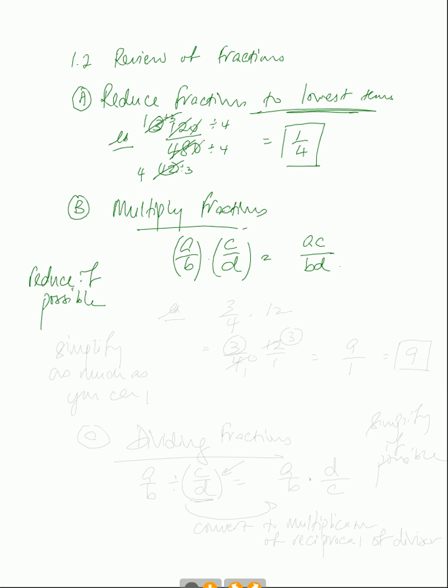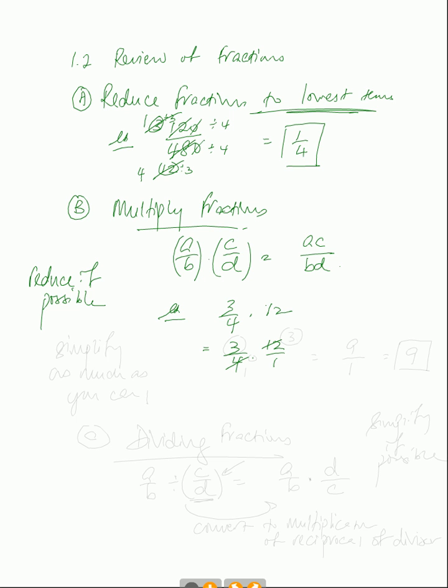Take for example, if you give me a fraction, say 3 over 4 multiplied by, say, 12. Make sure you understand that 12 really is the same as 12 over 1. Is there something I can reduce? The rule of the game is so long as it's one from the top, one from the bottom. It doesn't have to be top and bottom, it could be crisscross like this.